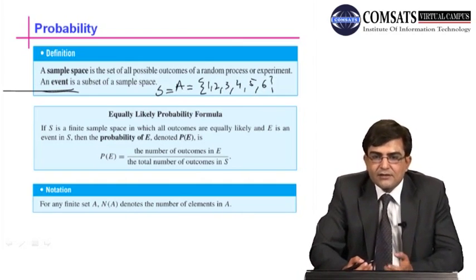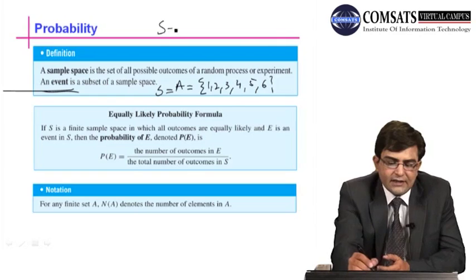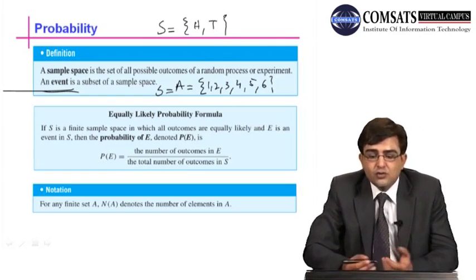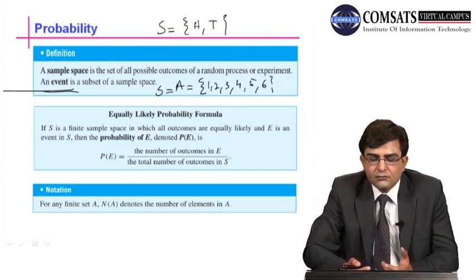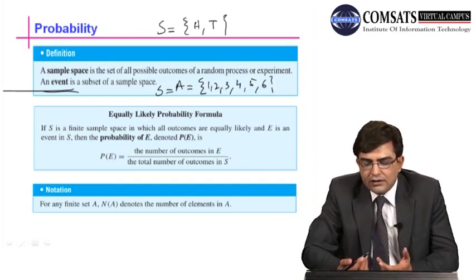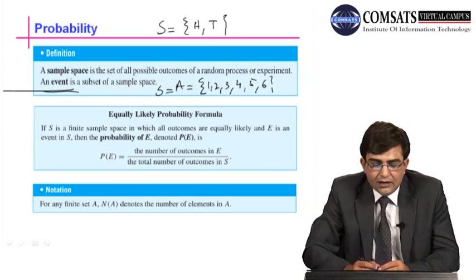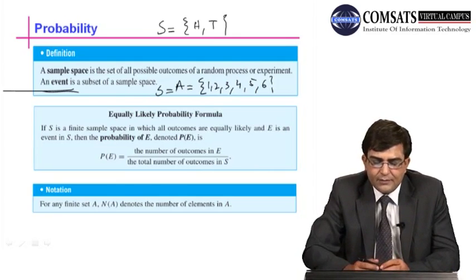And what is the sample space for throwing a coin? It is basically S = {head, tail}. There are only 2 possible outcomes when you throw a coin. Either head comes or tail appears on that coin. So now an event is basically any subset of that sample space.